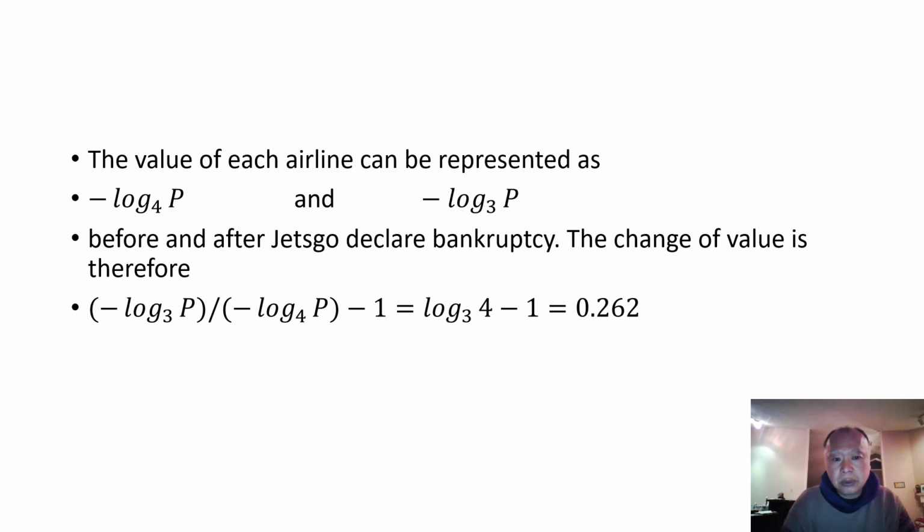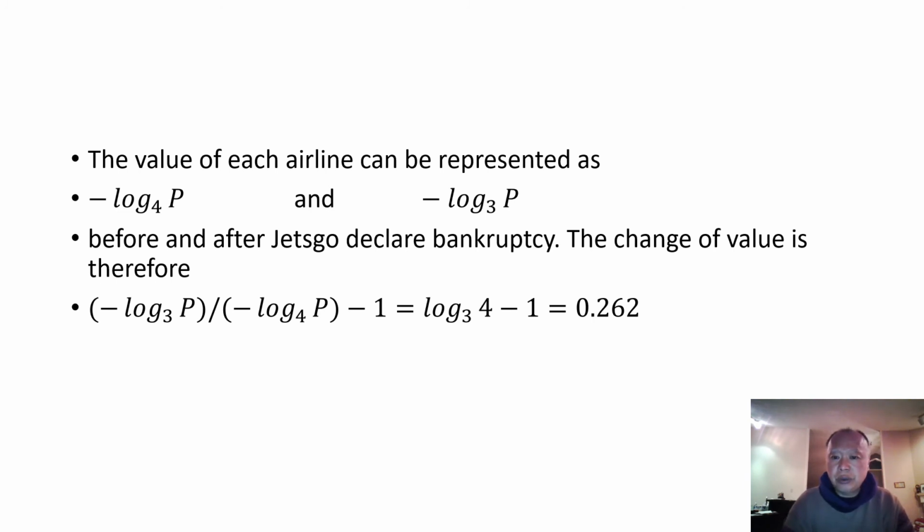The value of each airline can be represented as negative log 4p and negative log 3p before and after JETSCO declared bankruptcy. Here the bases 4 and 3 represent the number of operators of airline companies.